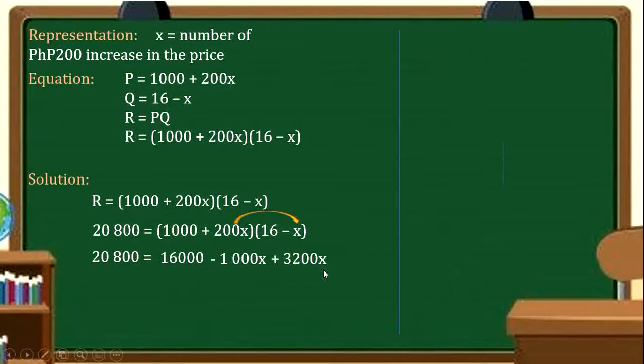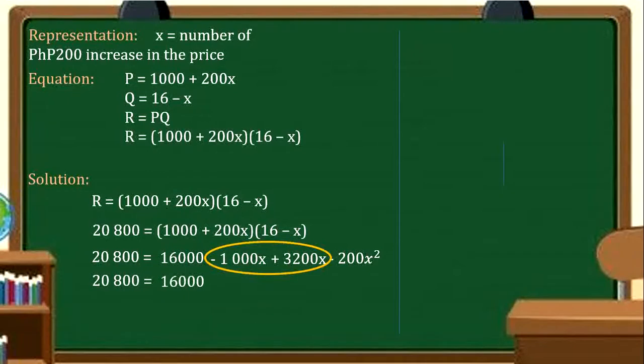plus 3,200x minus 200x squared. So, simplify. So, we have 20,800 equals 16,000. So, plus 2,200x minus 200x squared. So, transpose si negative 200x squared. So, magiging 200x squared.